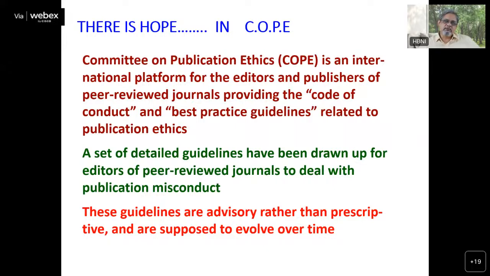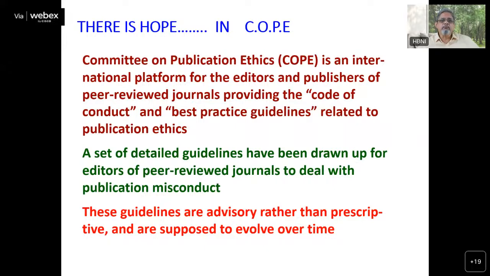So a detailed set of guidelines was drawn up for these editors of peer-reviewed journals, showing them how to deal with publication misconduct. Again, as I said, these guidelines are purely advisory in nature rather than prescriptive.